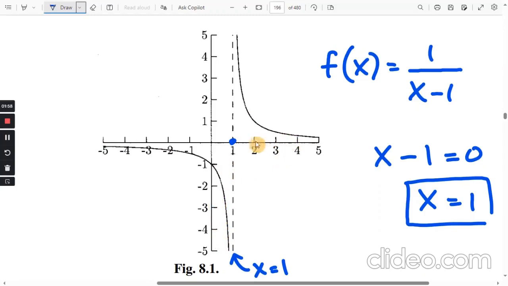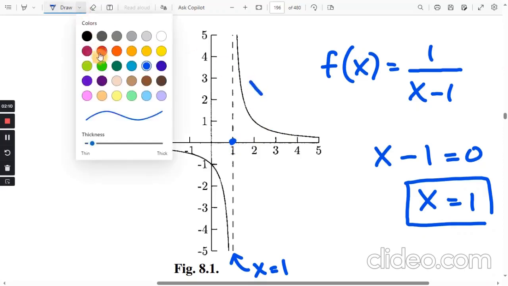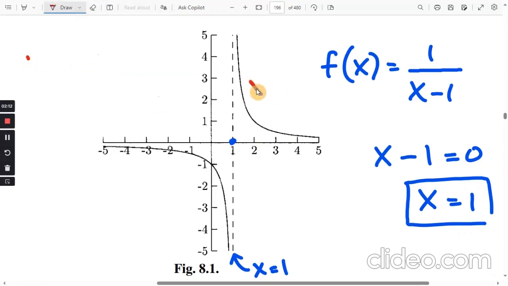Well, you plug in a point that is close to x equals 1, but never reaches it. For instance, I'll do it in a different color here. If you plug in x equals something close to 1 from the positive side, like 1.001, you get a y value that approaches infinity.